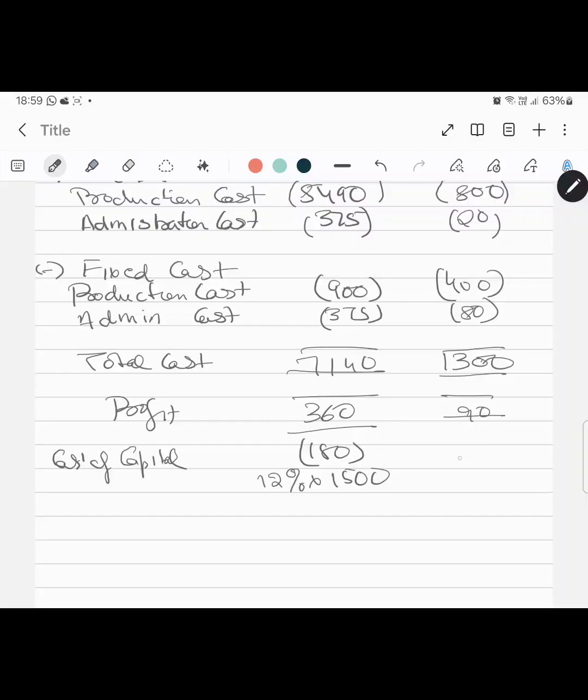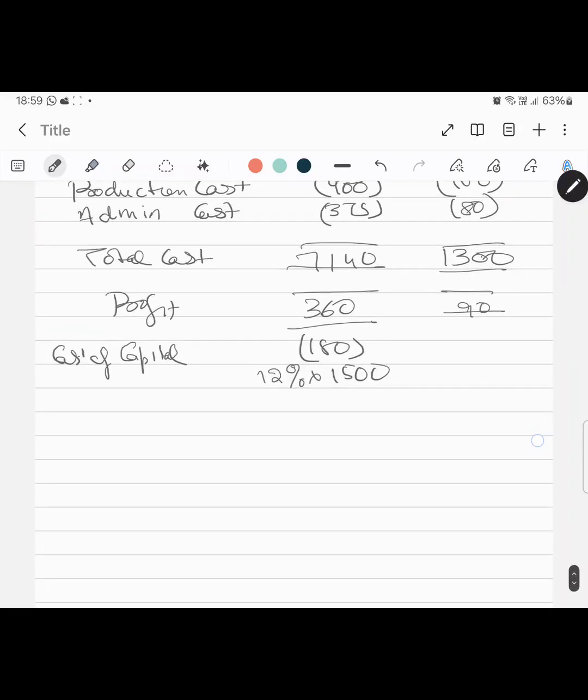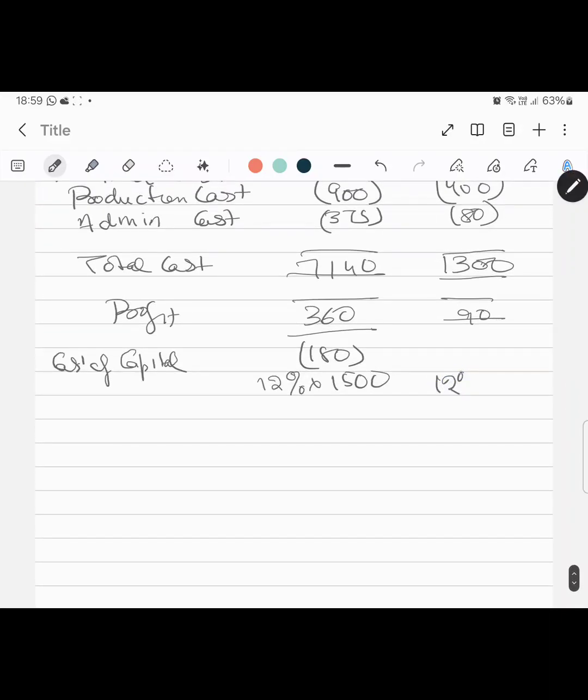And for this it was 7,50,000, so 12% of 7,50,000 is 90. Hence the residual income is 1,80,000 and this is 0.